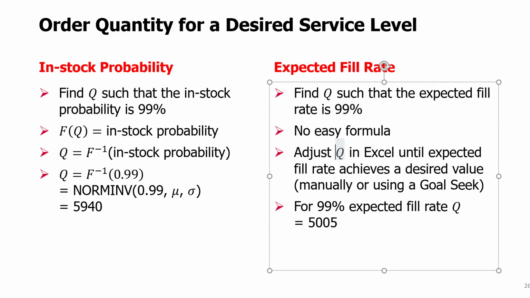So I will just change Q until the expected fill rate becomes 99%. You can do this manually, and actually this is the recommended way, or you can use the goal-seek facility in Excel. So for 99% expected fill rate, the order quantity Q has to be set to around 5,005.